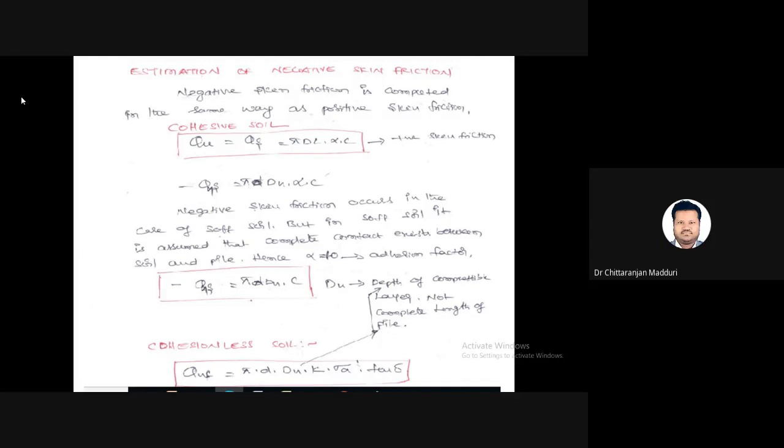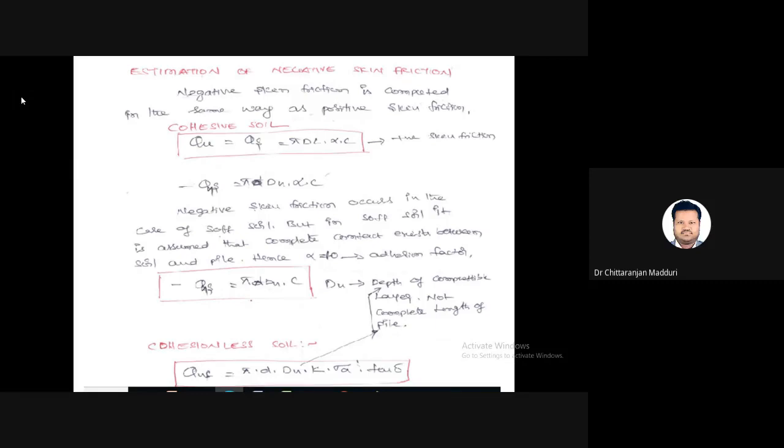Here L means the total length of the pile, but negative skin friction occurs only in the compressible zone. We should not consider the total length of the pile, only the compressible layer depth. In negative skin friction, d is the diameter of the pile, and dn is the depth of the compressible layer.